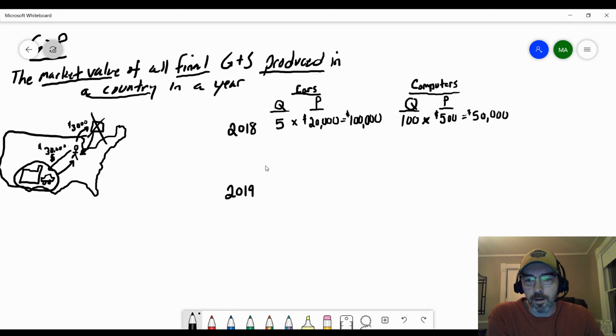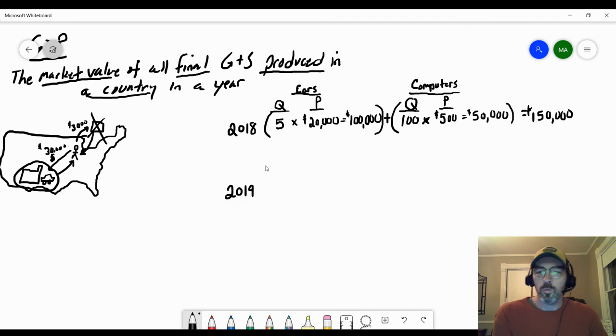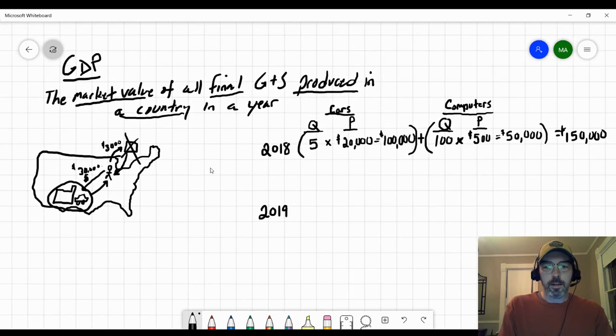So we're going to add all this up. I'll just put this in parentheses. We're going to add those together, and we will get $150,000 worth of cars and computers, or we could say goods and services. So back to our definition up here, does this fit with what we've been talking about?